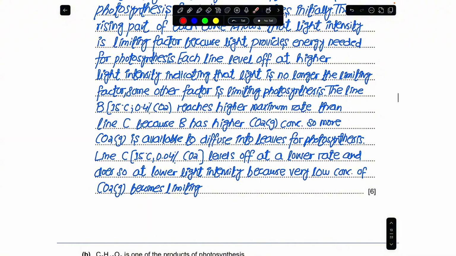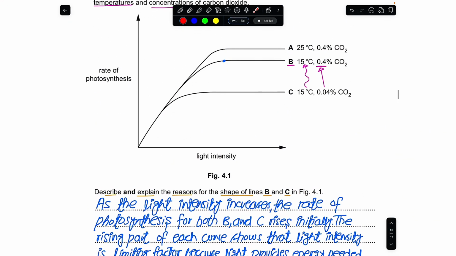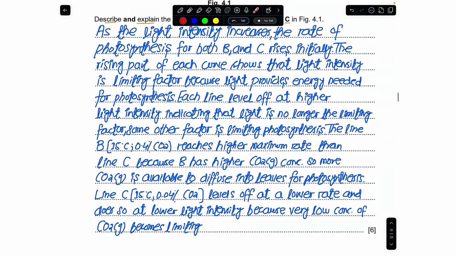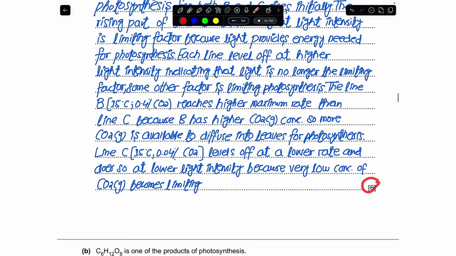The reason is that the concentration of CO2 for curve C is less compared to B, so this becomes the limiting factor, and that is why the rate of photosynthesis cannot be increased beyond this point onward. So this is how you would score a total of 6 marks for this.